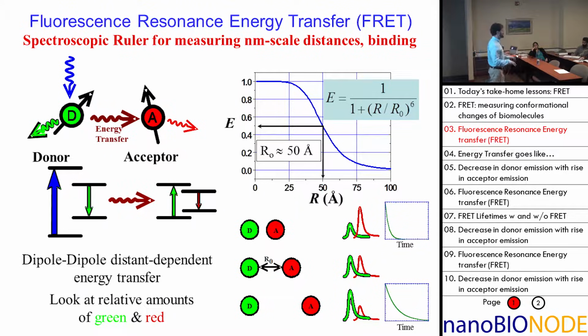It is not. And we can actually go through what the energy transfer mechanism is. But it's not simply emission and reabsorption. It's the fact that this acceptor is very nearby. It's in what's called the near field.